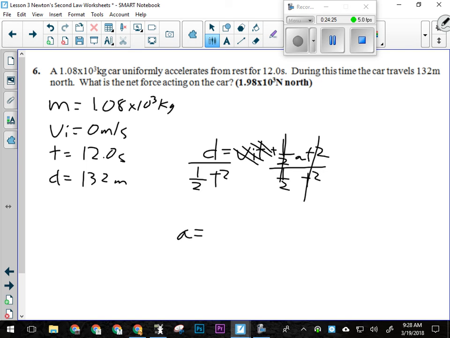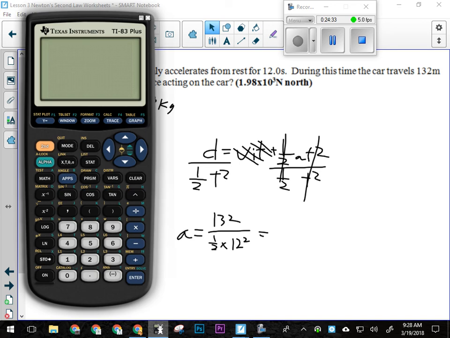So the acceleration will be 132 divided by 1/2 times 12 squared. I better put that in brackets or it's not going to do it in the right order. So I've got an acceleration of 1.83 meters per second squared.